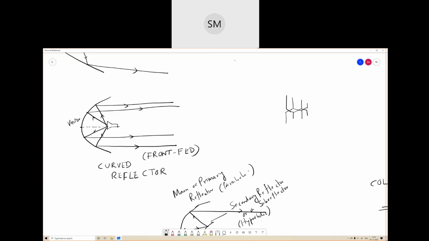So the efficiency of the antenna would be less. That is the reason why log periodic antennas are not very commonly used as the feed of parabolic reflector antennas. Is it okay?